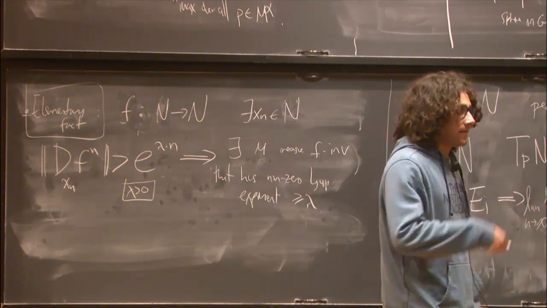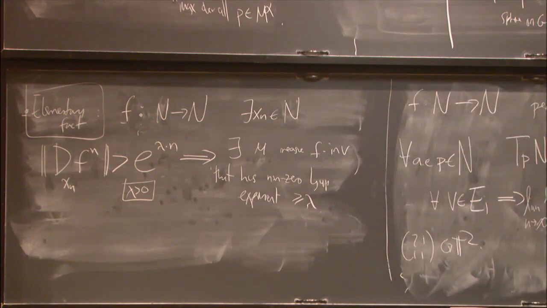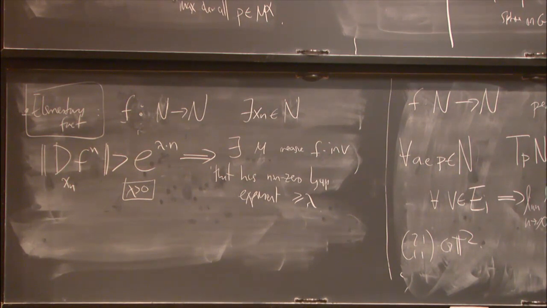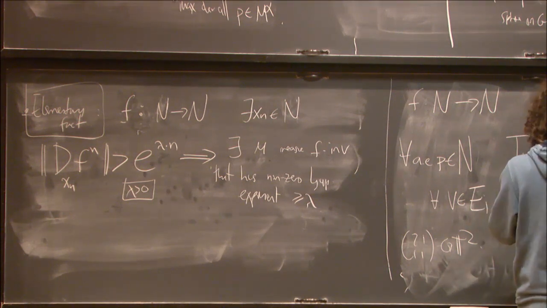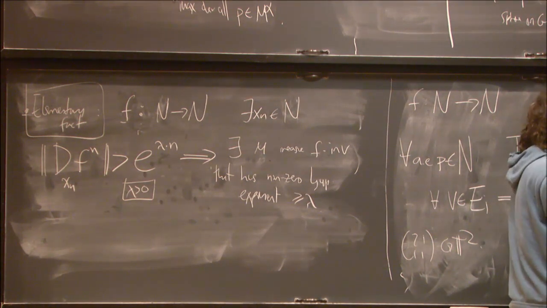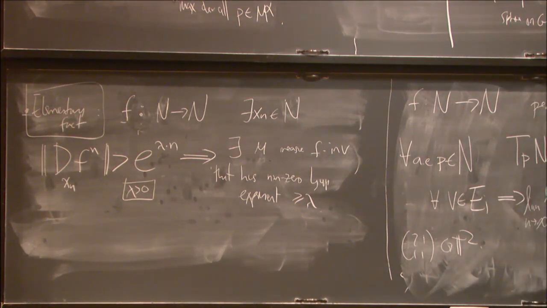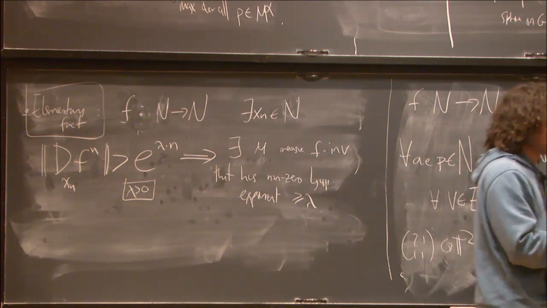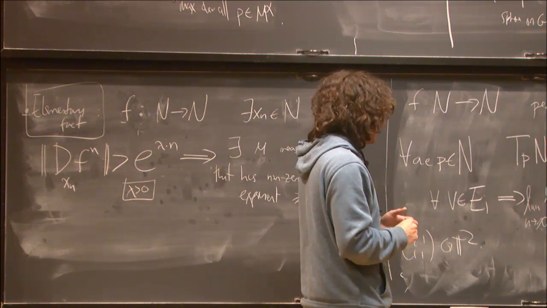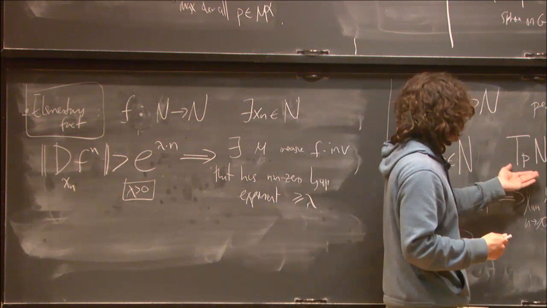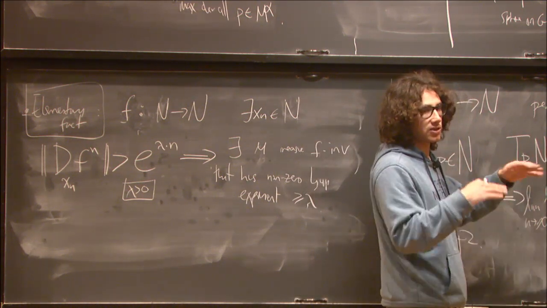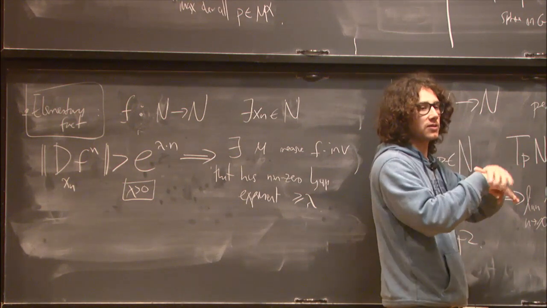So in this theorem, does one conclude that the action of f preserves the decomposition? Oh, yes. Sorry, this is super important. That is that this decomposition is f invariant, but the problem is that it's not a continuous decomposition. This decomposition is just a measurable decomposition.